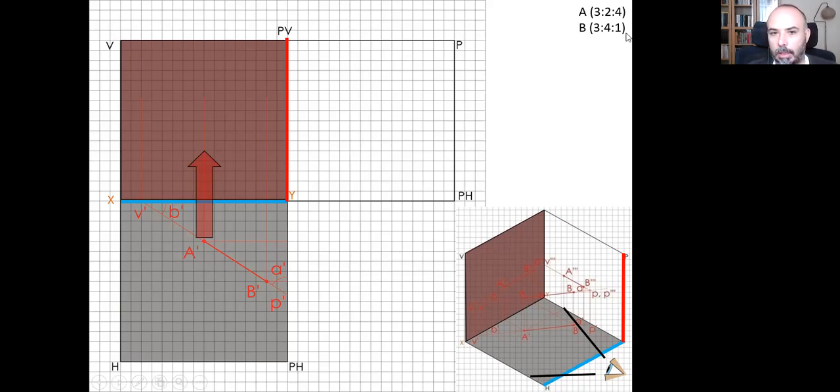In order to do that, I need two lengths, the distance, but I don't need to count one more time. I can just carry this length here using this part of my drawing, and do the same for B. Again, I don't need to count the distance. I just can transport this information from here to here.